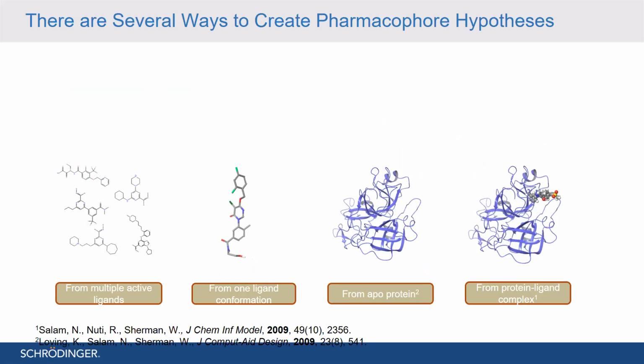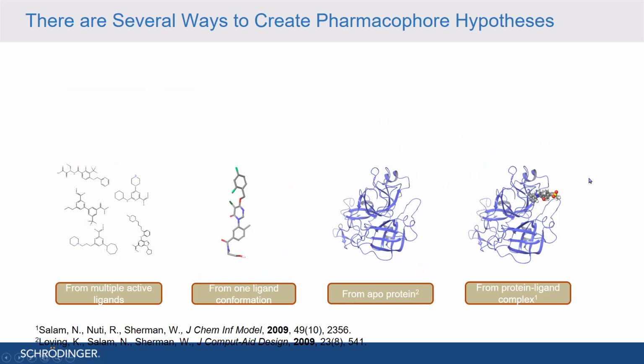Now, there are four possibilities in any research. You may have multiple ligands, which can be a congeneric series or diverse molecules, or you may have a single molecule which seems to be active, or you may have an apoprotein.